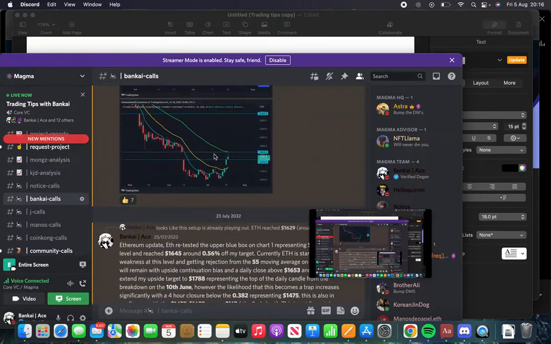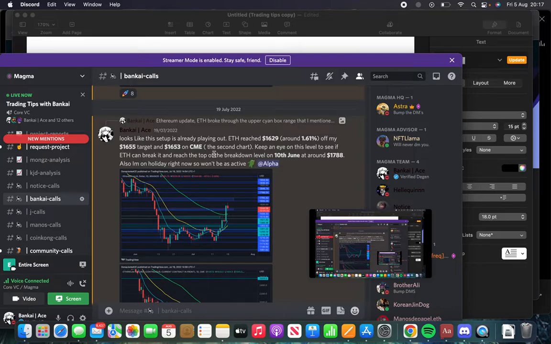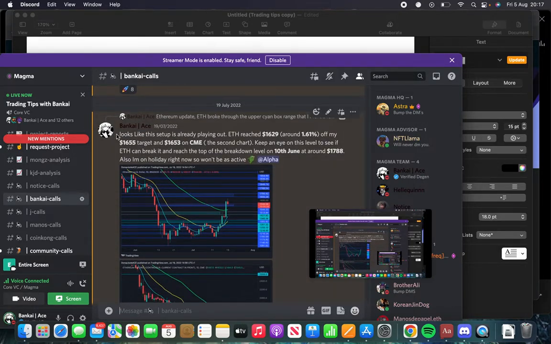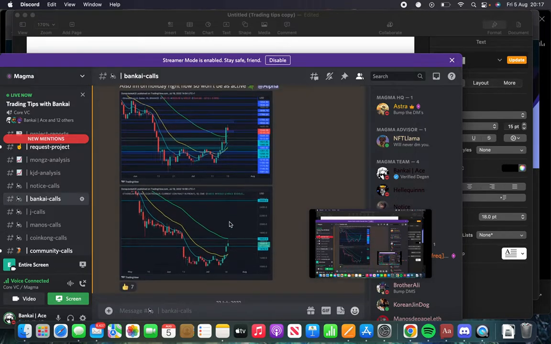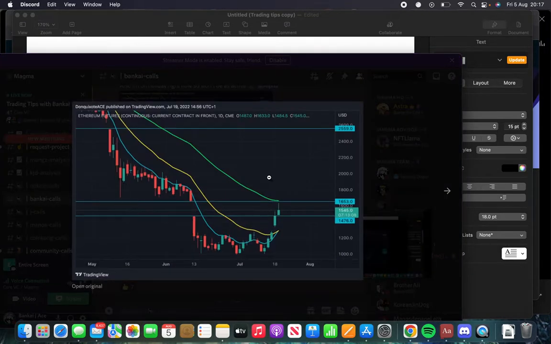So, see, with this one, I remember I mentioned on a post before that if there was a close above 1655 or 1653 on CME, right? And I was judging this over this little gap here that needed fulfillment, right?